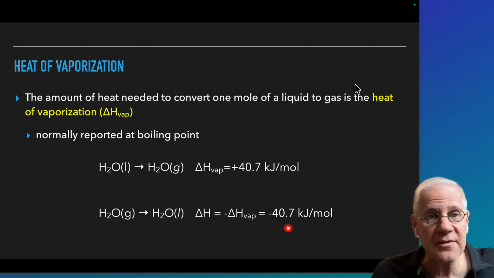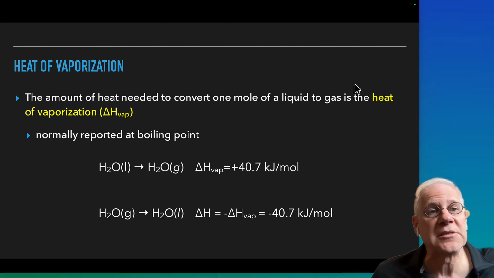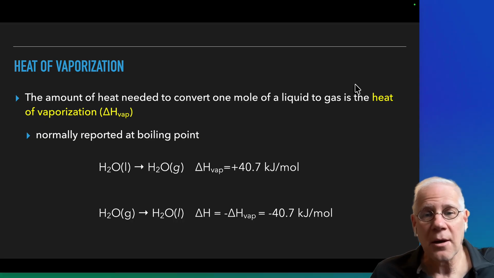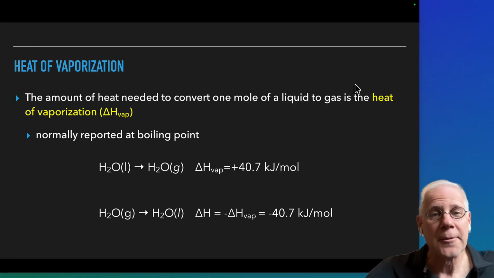We see that it's the exact same amount of energy, only now it's negative because heat has to be released, and so it's an exothermic process. This is actually a considerable amount of energy, and if any of you have ever had a steam burn, you would understand that that is a lot of energy going into your hand, which is why a steam burn feels a lot worse than just sticking your hand in boiling water.